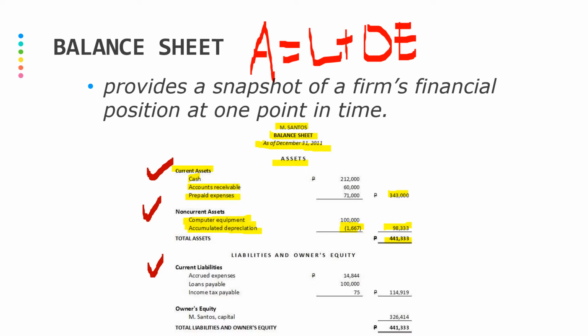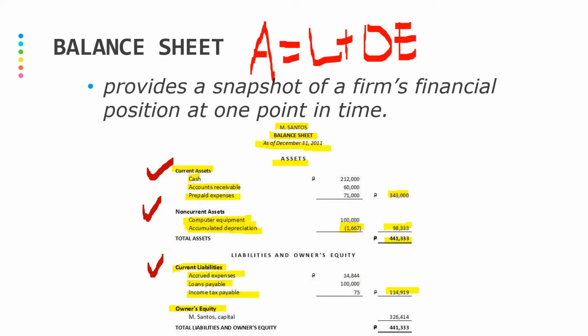So here in this example, M. Santos has only one kind of liability and it is only the current liability. Examples of current liabilities are accrued expenses, loans payable, and the income tax payable. So M. Santos here has a total of 114,919 pesos liability.